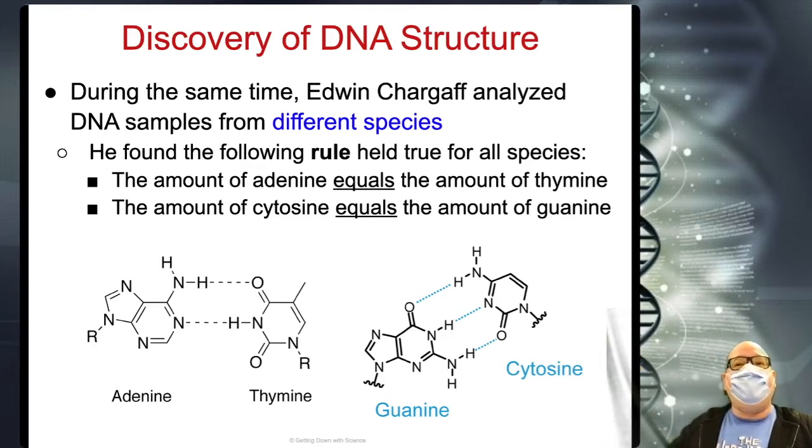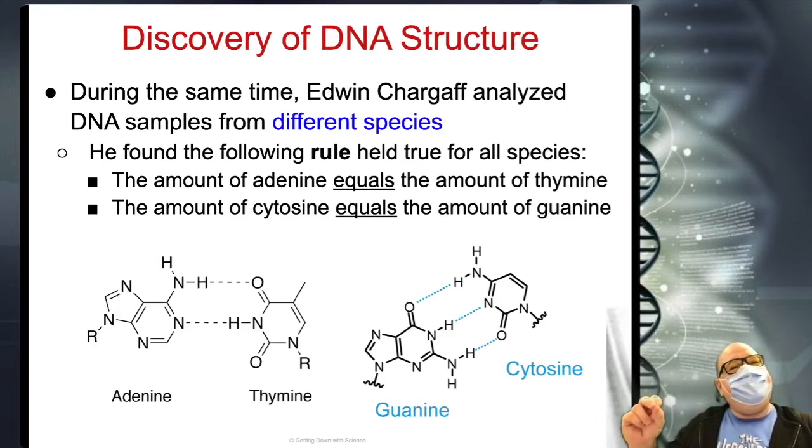And that rule is the amount of adenine equals the amount of thymine, and the amount of cytosine equals the amount of guanine. So listen, guys, if they give you the value of one of these, you can easily compute the others, okay?